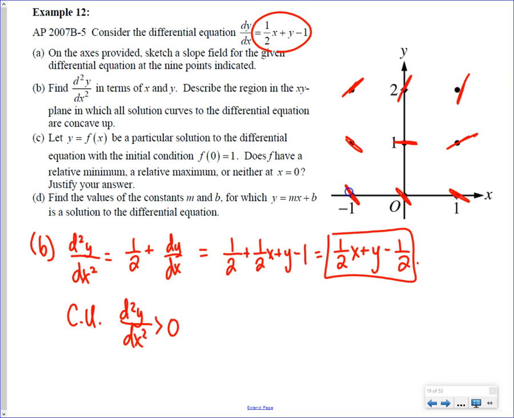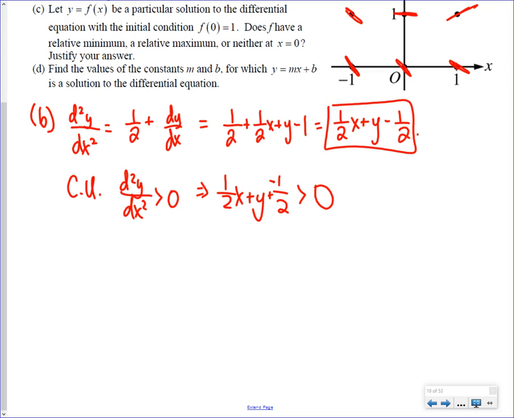It's greater than 0. So can't I say, hey, I just found him. 1 half x plus y minus 1 half. What do they want? You don't have to describe it in words. Give them an equation and say, hey, here's the inequality. Technically, they didn't say y has to be by itself.